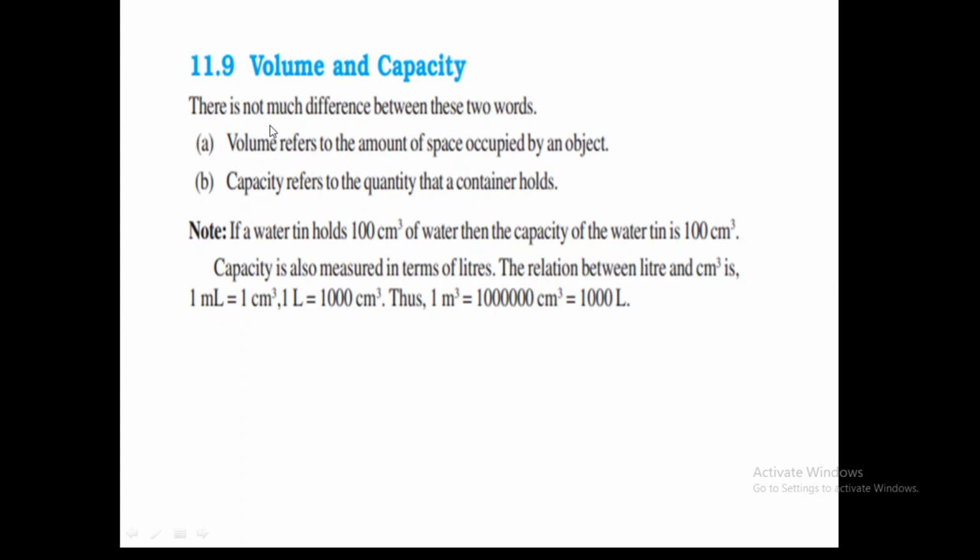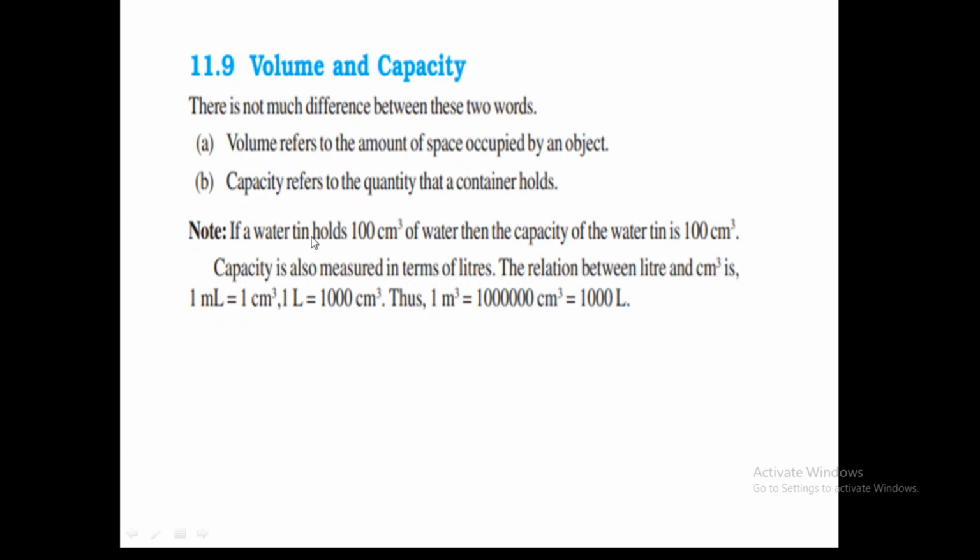Now the last point of this chapter, there is a relation between volume and capacity. Volume refers to the amount of space occupied by an object. Capacity refers to the quantity that a container holds. Now we will have an example.